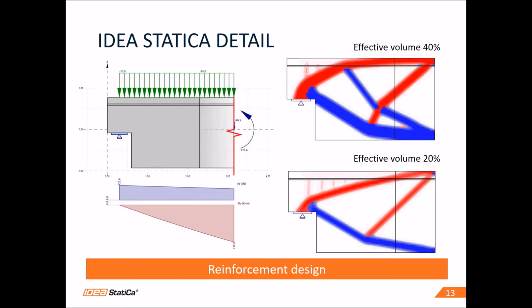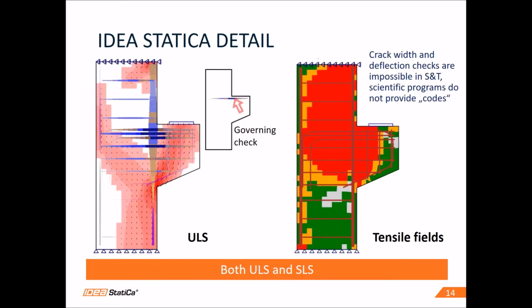I'll speak about it in detail later. And for the ULS, on the left side, you can see a basic overview of what's happening in the structure, the governing check and the biggest point of the detail. And of course, by this method, we are also able to provide you with the SLS checks later.